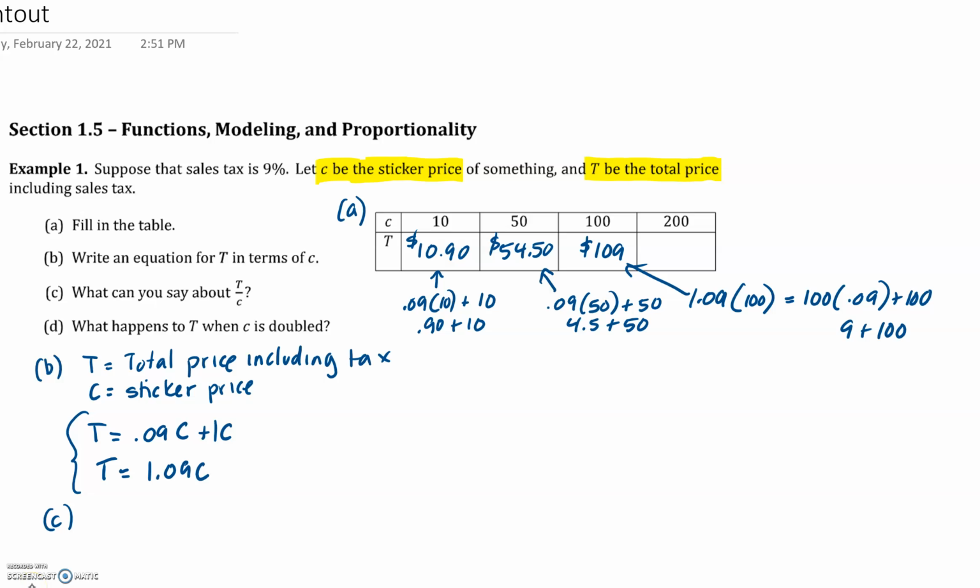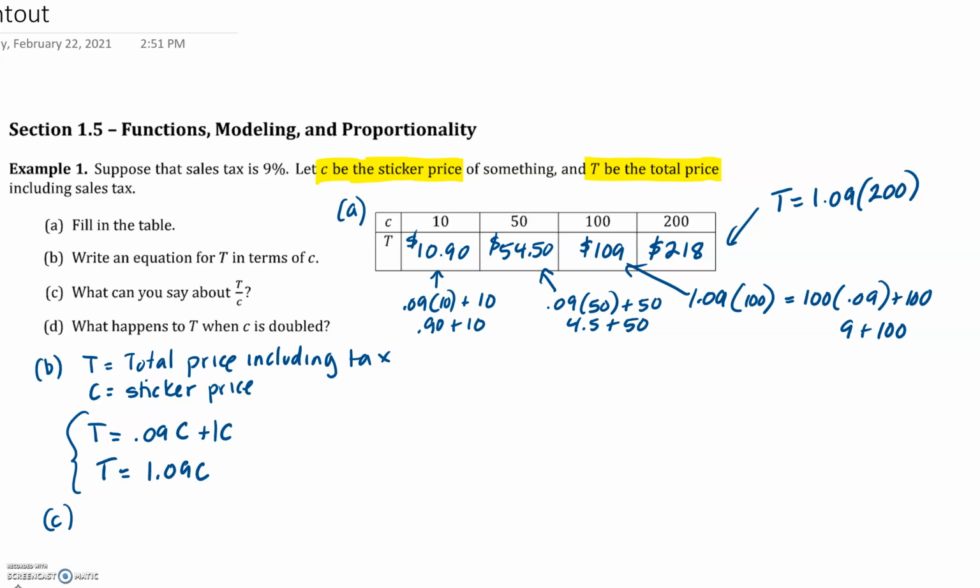So you can now do this by using this equation instead of the top one because they're like terms. The same thing with this one. T would equal 1.09 times 200, which would equal $218. So $18 would be the sales tax.